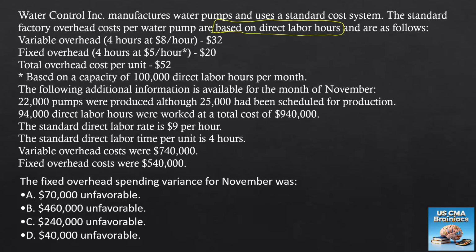It is asking for the fixed overhead spending variance for November. So we need to put the formula first, which is actual fixed overhead minus budgeted.